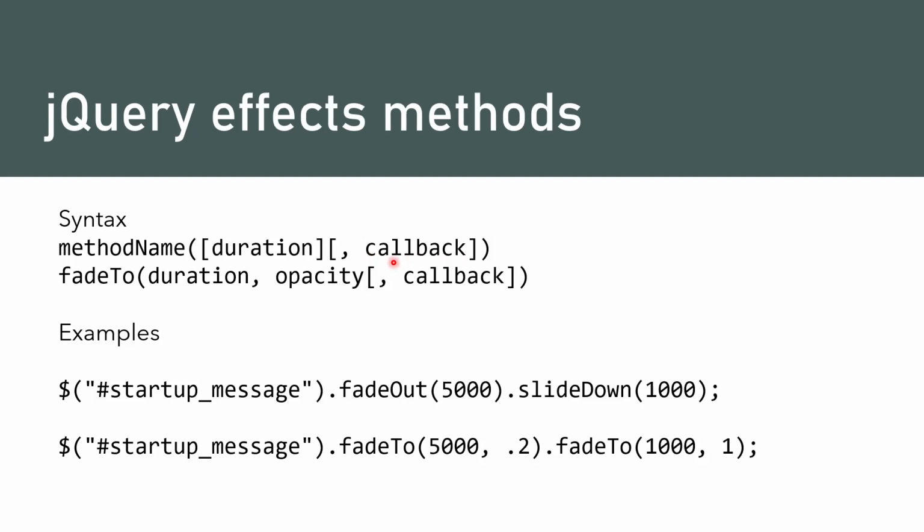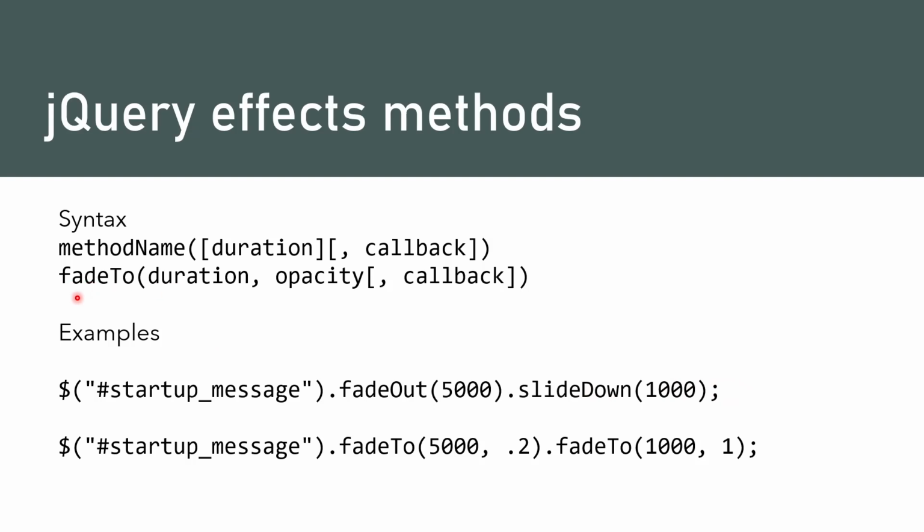So effectively using a callback inside of one effect to apply another effect has the same effect as just chaining together multiple effects, because they will just happen one after another. After that fade out, this slide down over 1 second will occur. So this will make the element disappear over the course of 5 seconds and then show back up, display again, in 1 second after that.